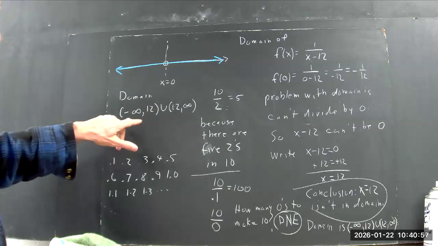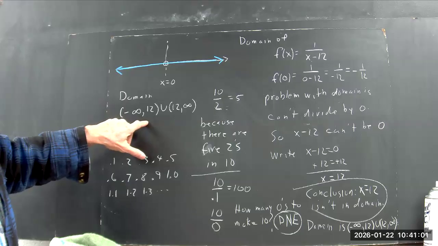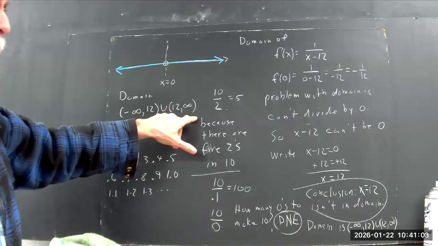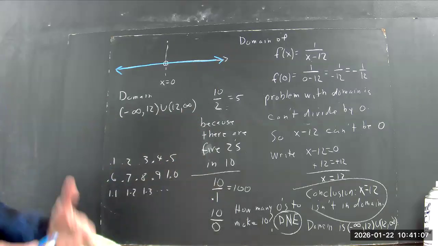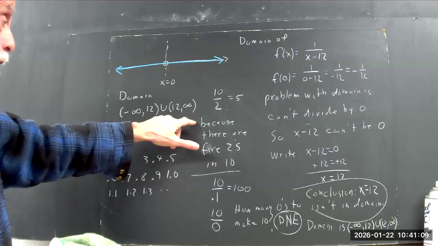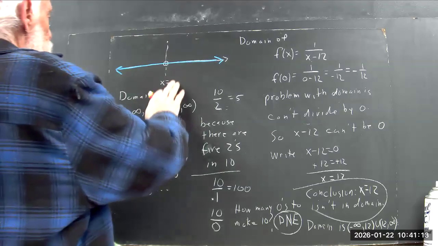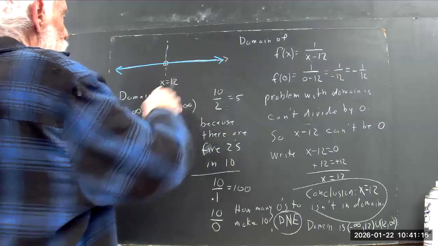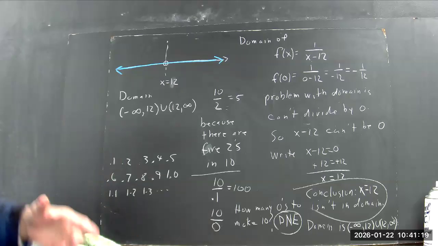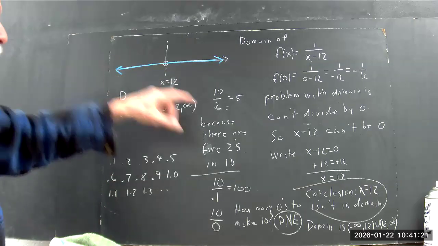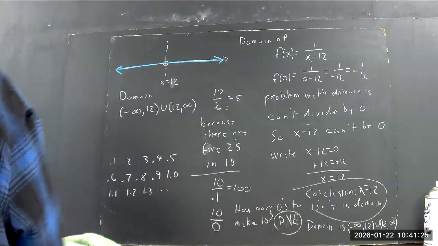It means x can be in this part of the domain, or it can be in this part of the domain, and it's valid. And the only x that isn't in this part or this part is 12. And I said x equals 0. It should have been x equals 12. The denominator was 0, but it's x equals 12 that can't be included, as we calculated here.